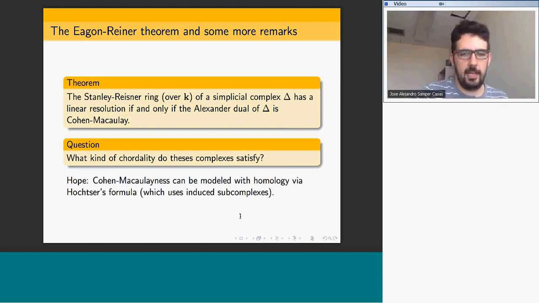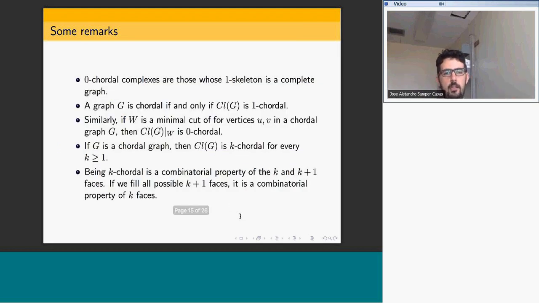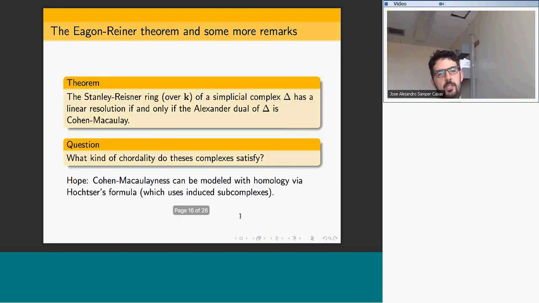Topology: trying to figure out what's the right notion for chordality. If I have something with a linear resolution, I get some homological data from combinatorial topology, and then I can ask what kind of chordality, which is another property, do I satisfy whenever I have this resolution?